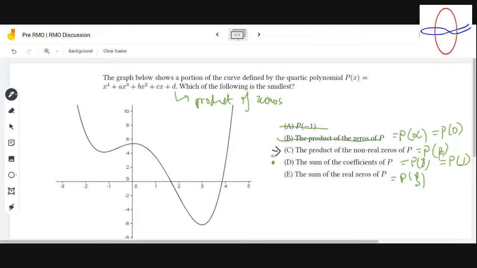So we are left with the product of non-zero real roots, the sum of the coefficients of p, and the sum of the real zeros of p. Can someone find it?